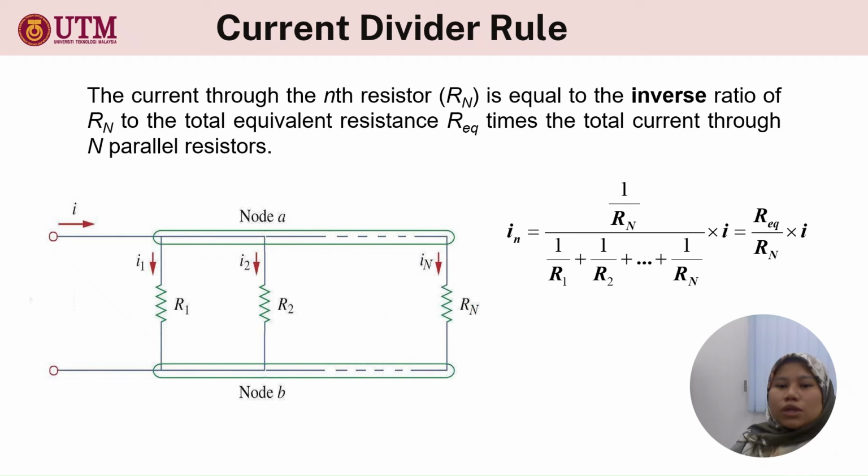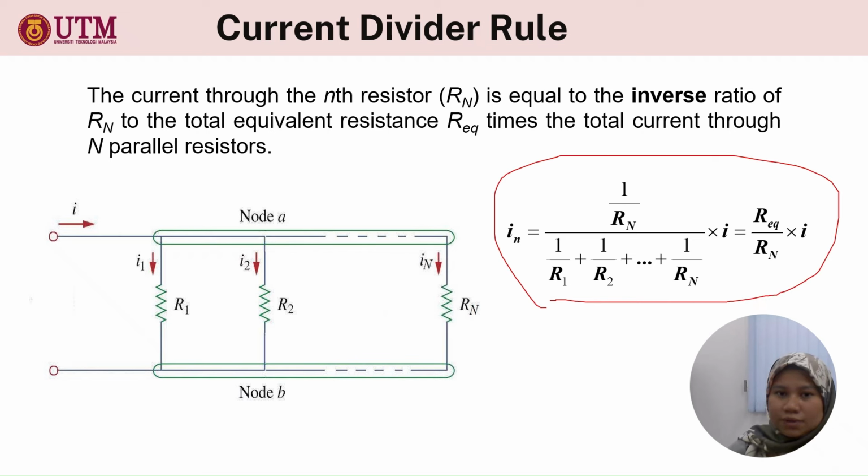So if you have a bunch of parallel resistors, a lot of branches, you can directly use this equation to find the current. This is also a current divider rule. You multiply Req divided by Rn with the current source, and then you get the current through that particular resistor.